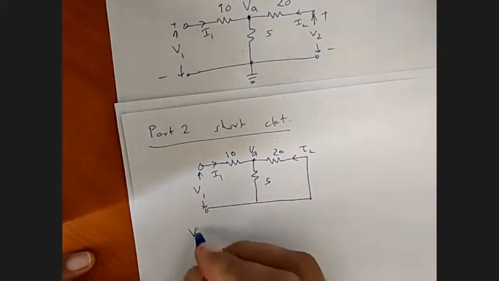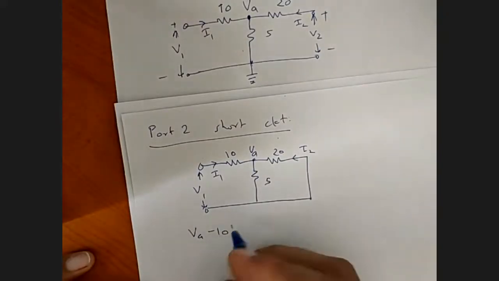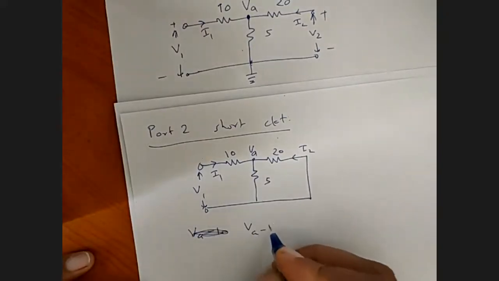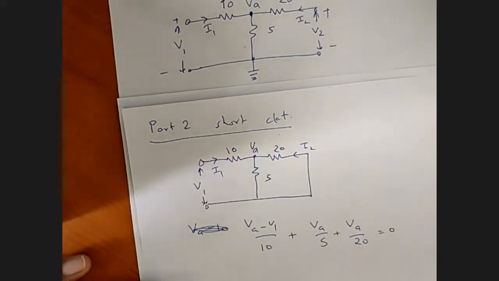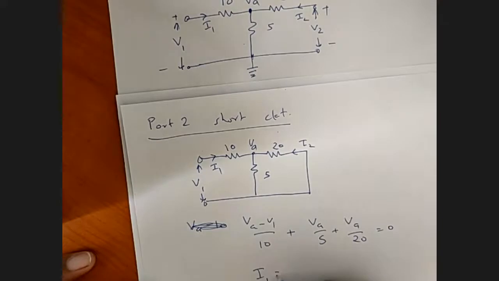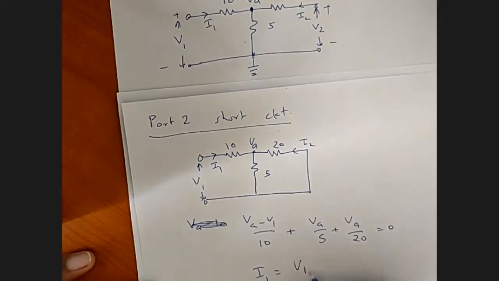So the equation will be VA minus V1 by 10 plus VA by 5 plus VA by 20 equal to 0. I1 equal to V1 minus VA by 10 and I2 equal to minus VA by 20.